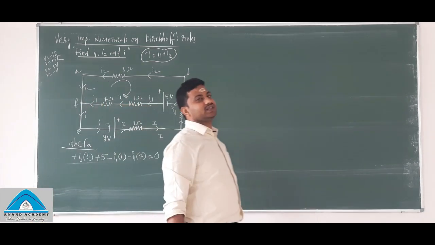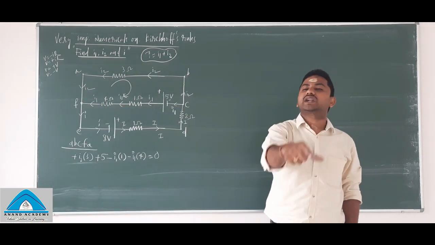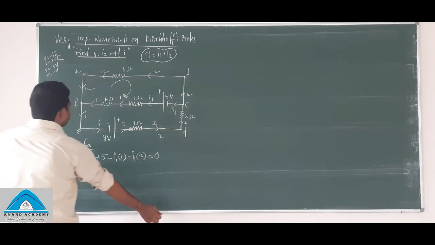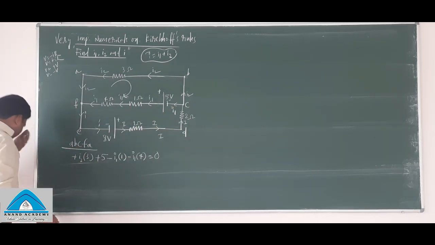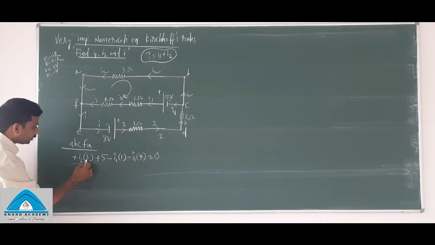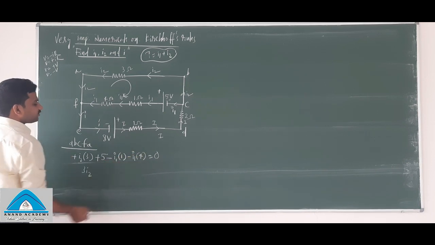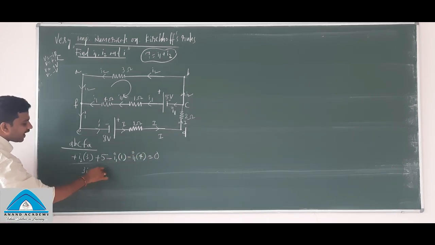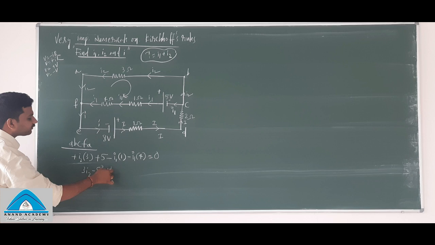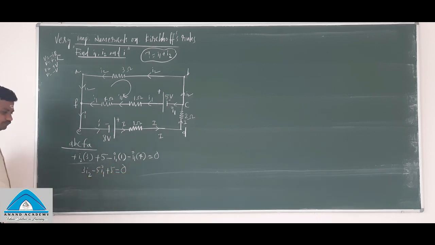Okay, you get one equation in terms of I1 and I2 here. Let us write that equation. So what is this? It's plus 3I2, minus I1, minus 4I1. It is minus 5I1 plus 5 is equal to 0.